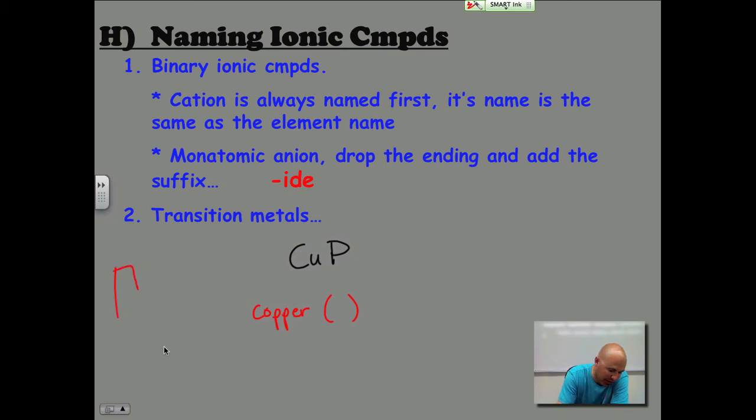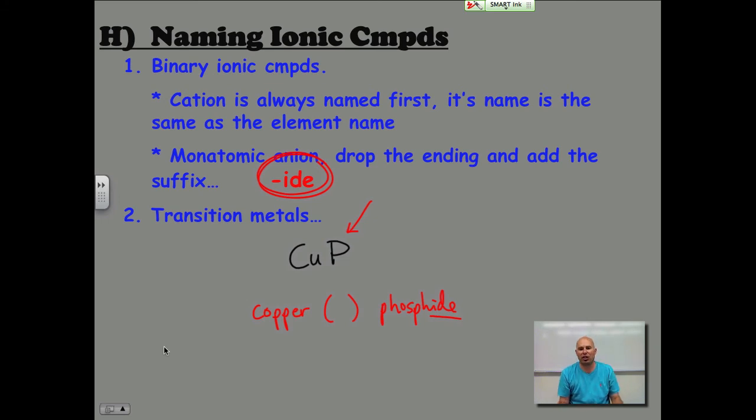If you look at your periodic table, copper is smack dab in the middle of the transition metals. So it's going to have a Roman numeral because it can change its charge. Now, copper something phosphide. Again, it's phosphide because it's a monatomic anion. You drop the ending and you add the IDE.